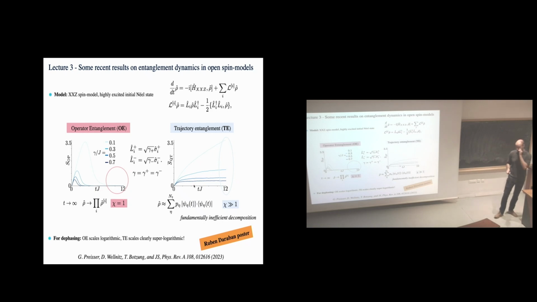And that's the motivation of the most recent research project, and maybe some of you have seen Ruben's poster, to find ways to reduce the entanglement of the trajectories in an optimal way, to make it better applicable with these quantum trajectory methods with matrix product states.